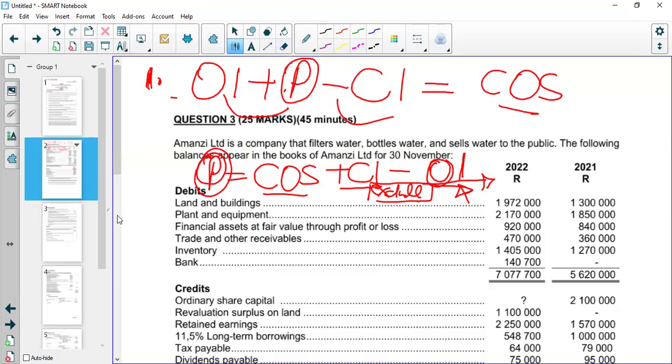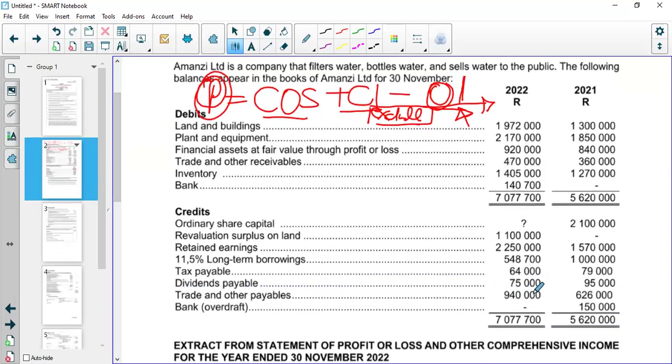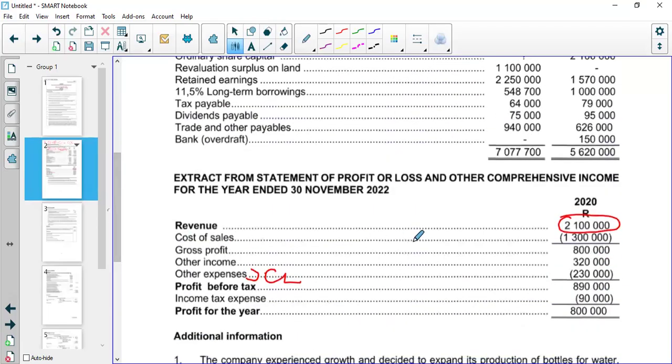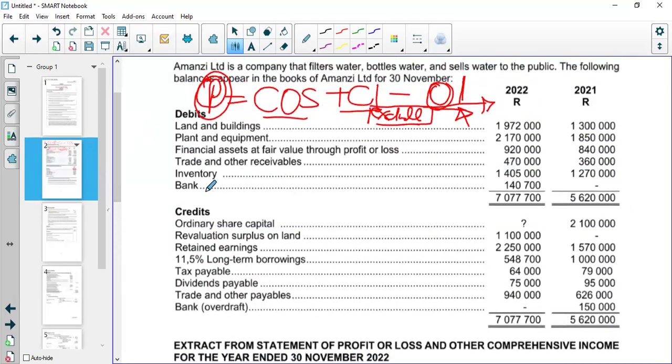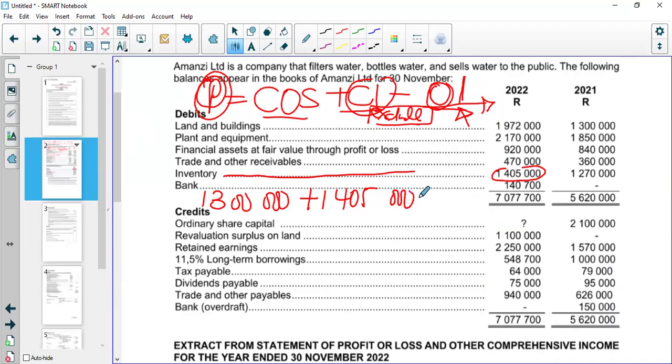Cost of sales is down here, it's 1,300. So I'm writing 1,300, which is cost of sales. Now I need to add closing inventory, so it's 1,405. Then I subtract my opening, which is 1,270. This calculation gives me the purchases.